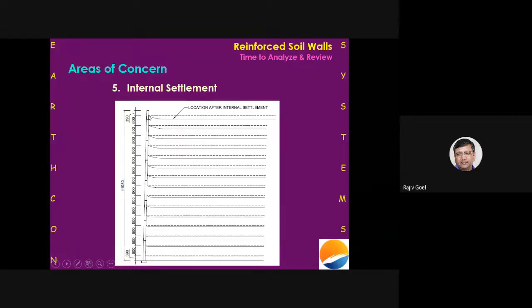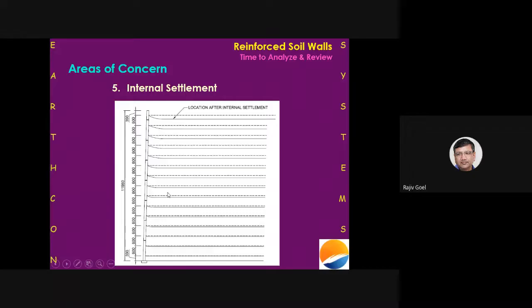One thing interesting you note here is that this entire thing has settled, but this point does not settle, because this is the point where my reinforcing element is connected with the fascia panel. And my fascia panel is not a compressible element. It is compressible, but to a very, very limited extent.